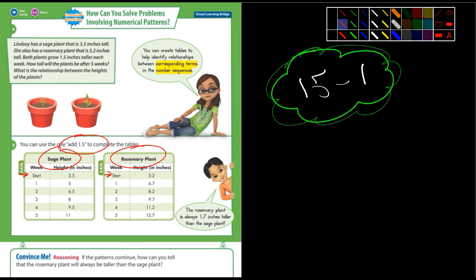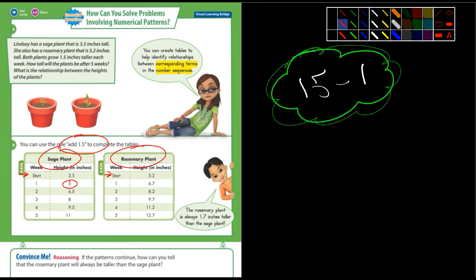So 3.5 plus 1.5 is 5, and 5 plus 1.5 is 6.5, and 6.5 plus 1.5, remember it's growing 1.5 inches each week, is 8.